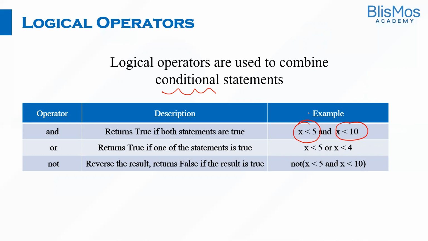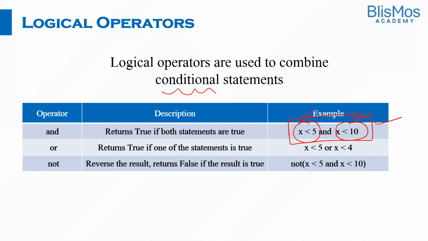For example, in this case, we want to combine x is less than 5 and x is less than 10. Only when these two conditions are satisfied do we want to make the whole statement true, or the whole statement passed.